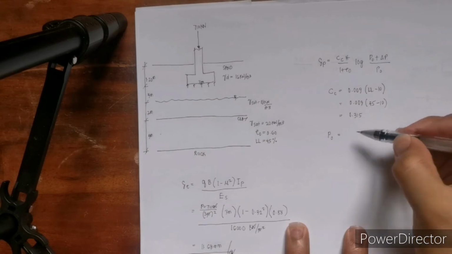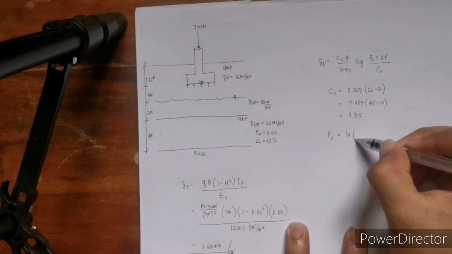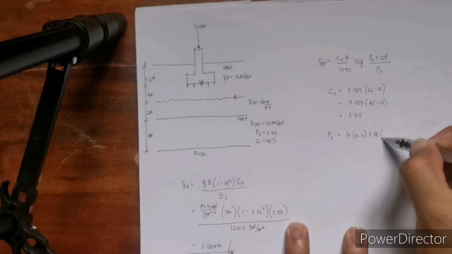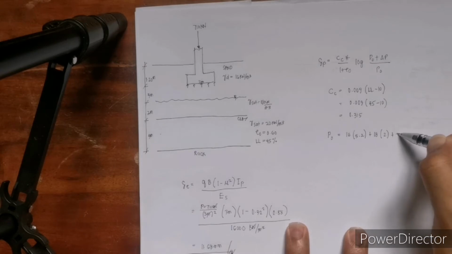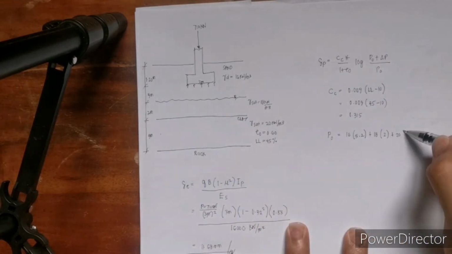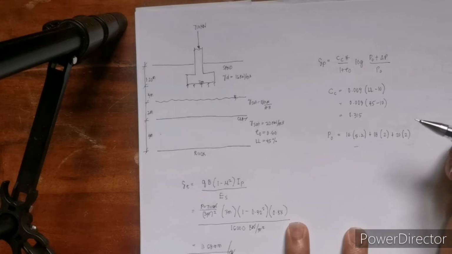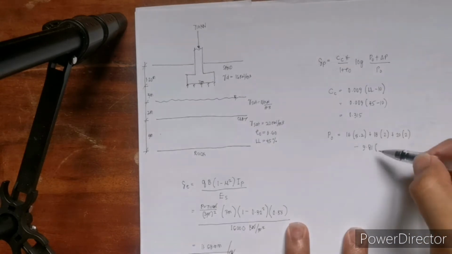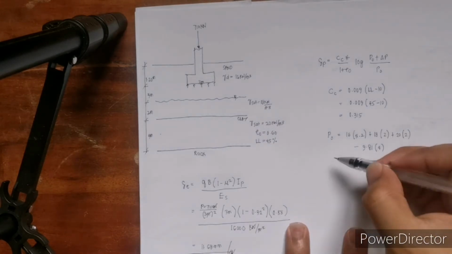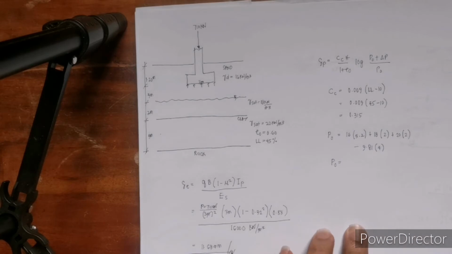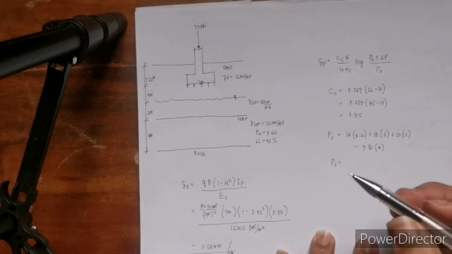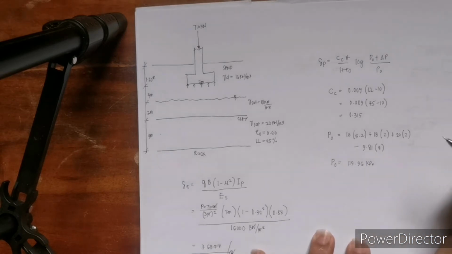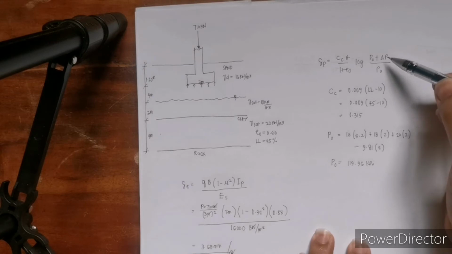And that will be equivalent to 16 times a depth of 5.2 meters plus 18 times 2 meters plus 20, hanggang mid-layer lang, so multiplied by 2, minus for water pressure, 9.81 multiplied by a total depth of water which is 4 meters. So, for the value of effective stress, Po is equivalent to 119.96 kilopascal.